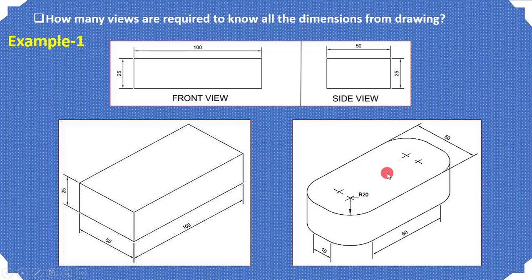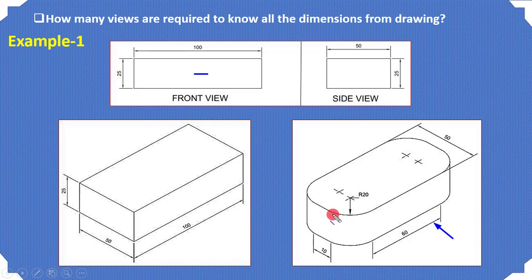If you observe carefully, if you look at this object from this side, then it will look like this, that is a rectangle of size 100 by 25. The height is not mentioned here, but let's consider it as 25.